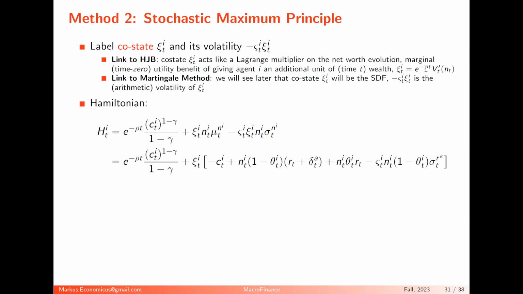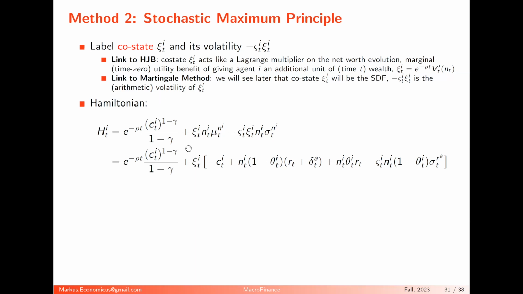So I have to discount it by that. And later on, we will actually use the martingale method. We'll see later that this co-state variable, the Xi, will be the SDF, and varsigma will be the price of the volatility. So varsigma will be the geometric one, and varsigma times Xi will be the arithmetic one.